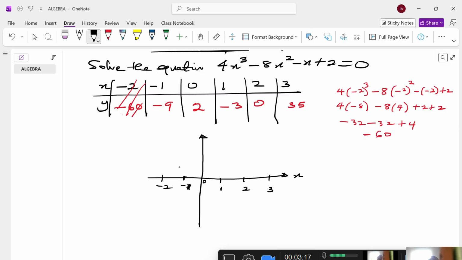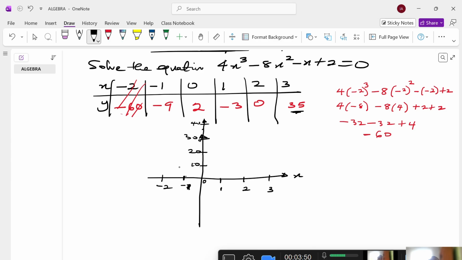The values of y are minus 9, negative 9, then 2, minus 3, 0, 35. Let me use 10, 20, 30, 40 on the y-axis. So 35 is kind of here.